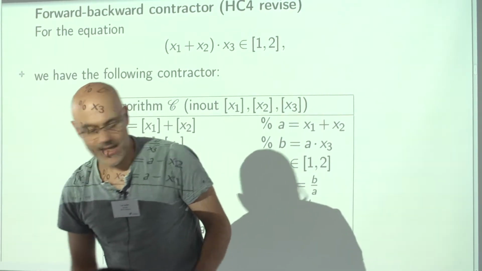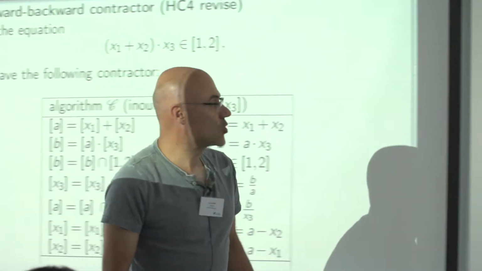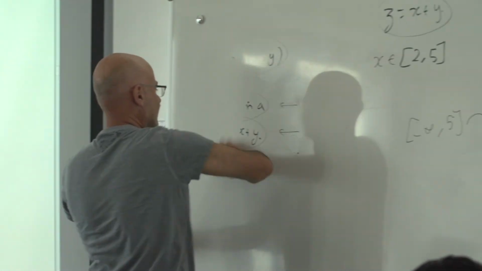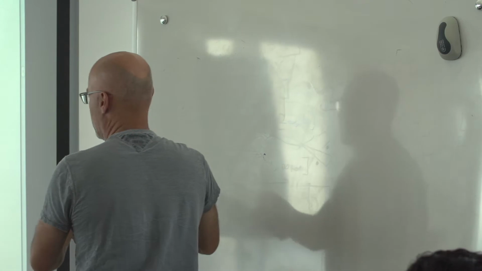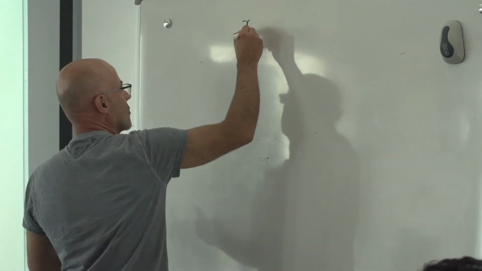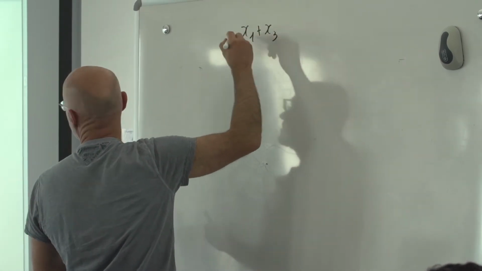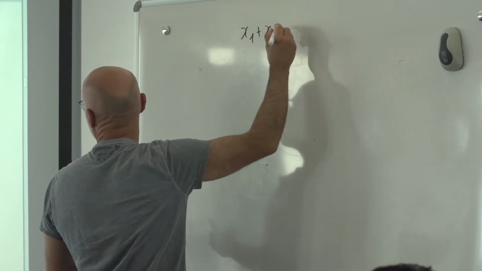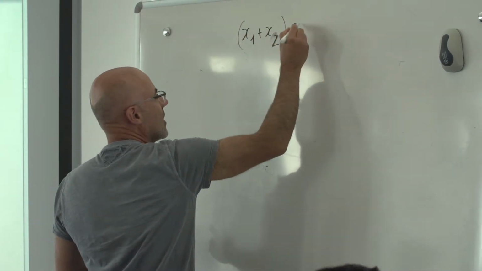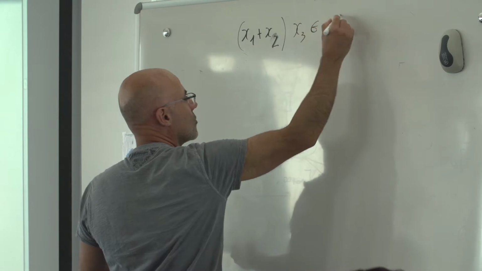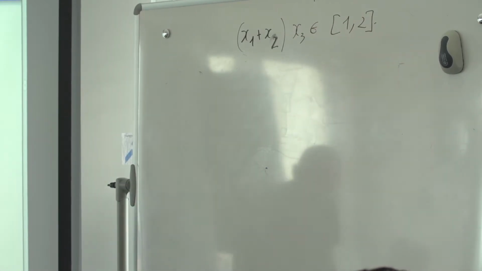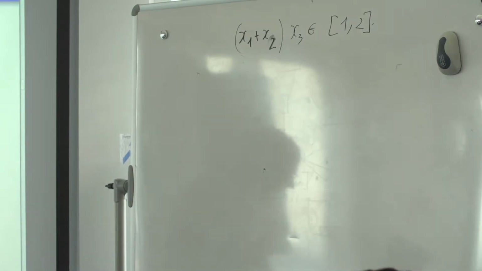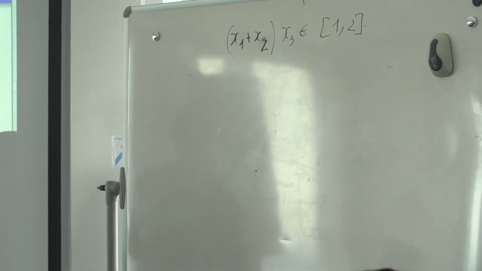So let me take an example just to show how it works. It is an algorithm we use. I take the constraint x1 plus x2, sorry, multiplied by x3 belongs to [1, 2]. So I remove this so that you can understand how it works.